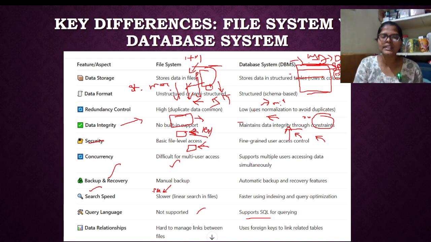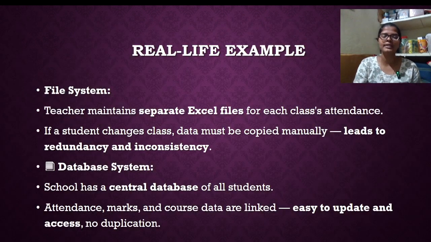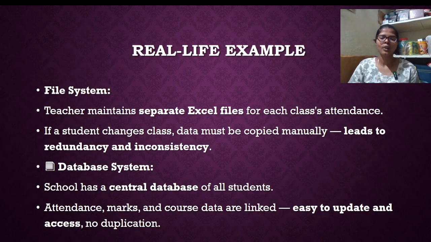Okay, I hope you understood the difference between file system and DBMS. Take a real-time example: how teachers maintain the attendance of the class. Suppose the teacher has entered the attendance in a register. After a few days, one student has changed from that class to another class. What happens here?